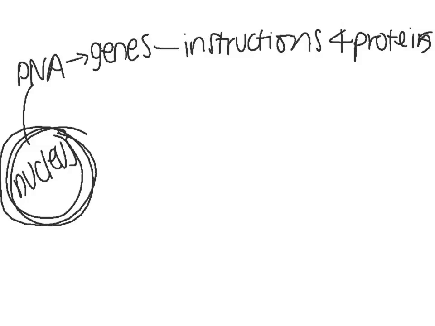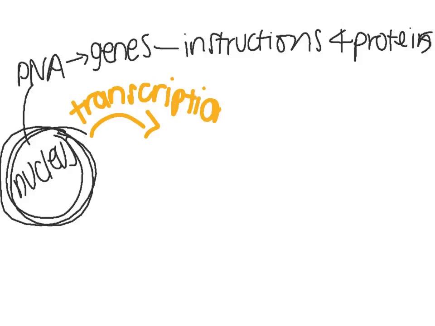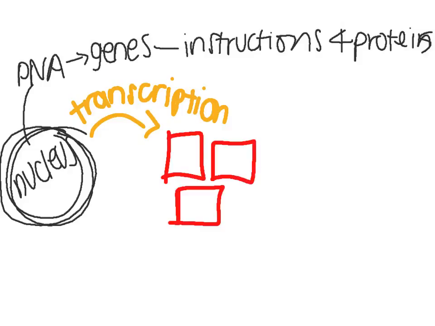Alright, so the next step in the process of protein synthesis is taking that DNA and transcribing it. So this is the process of transcription, which is basically like a fancy word for copying down onto mRNA, and messenger RNA, which are like little packets.